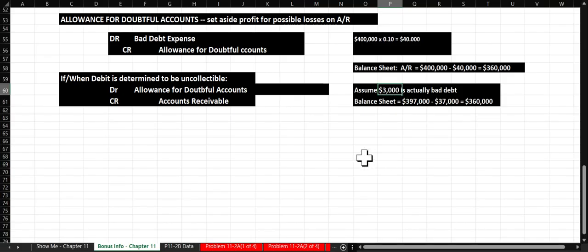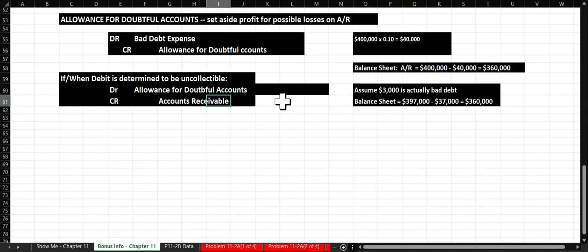Well, thankfully, we had set aside $40,000. So notice what we're going to do here. We're going to debit this allowance. So it has a balance of $40,000. We're going to decrease it then by the 3,000, and we are going to decrease the receivables by crediting. So you can see here that the allowance is going to be decreased by debiting and the accounts receivable would be decreased by crediting.